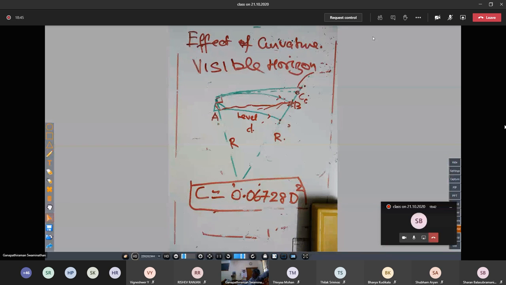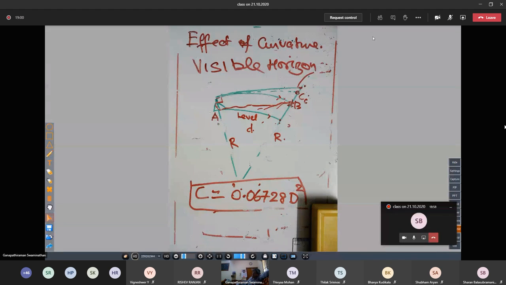So when R is equal to 6,370 kilometer, the D value we have to substitute in kilometer. Suppose I say that the distance between A and B is 300 meter.